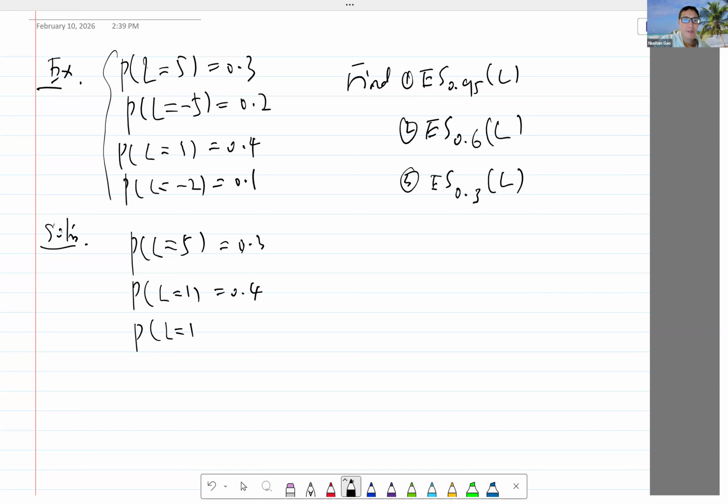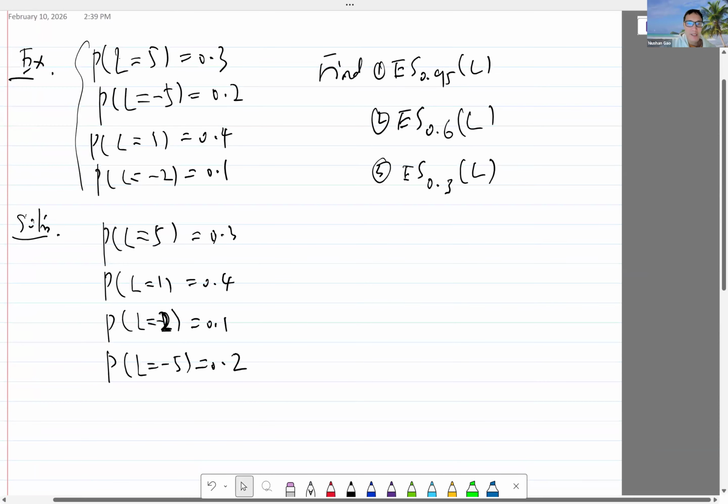The next one is L equals -2, with probability 0.1. The smallest one is L equals -5, with probability 0.2, right? So I'm rearranging the probability mass function, from the largest value 5, then 1, then -2, then -5. Okay, so now life is easier. I don't need to draw any graph.